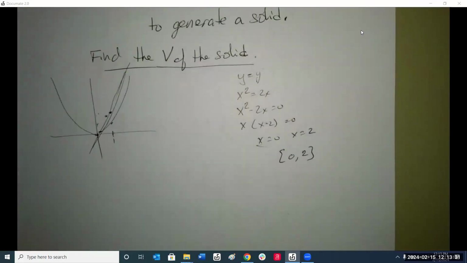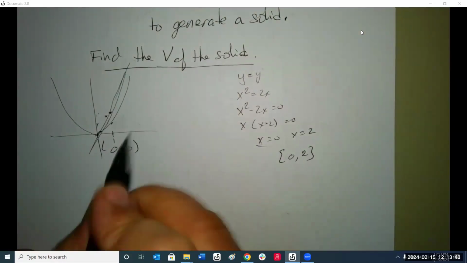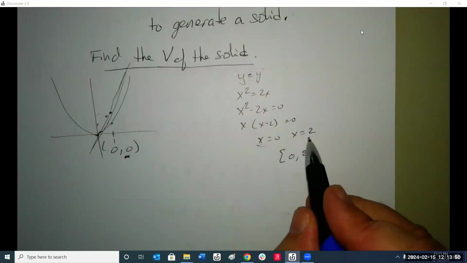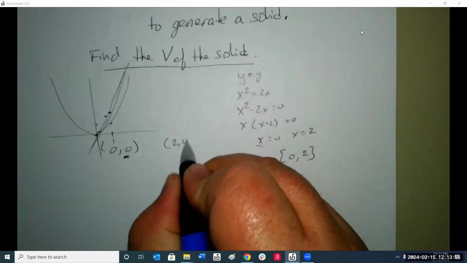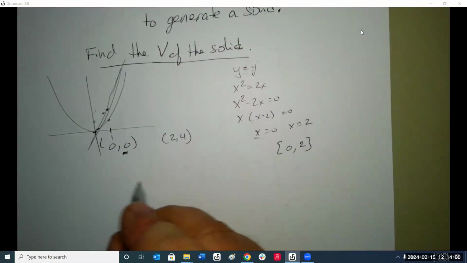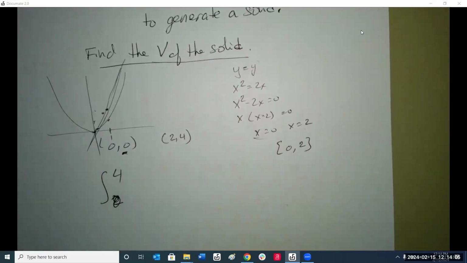That's my domain. But now since I'm going with respect to y, I have to find out where the y values are. This one here is 0, 0. That's my lower bound. And when x is 2, 2 times 2 is 4. So they cross at 2, 4. So the bounds of integration are from 0 to 4.